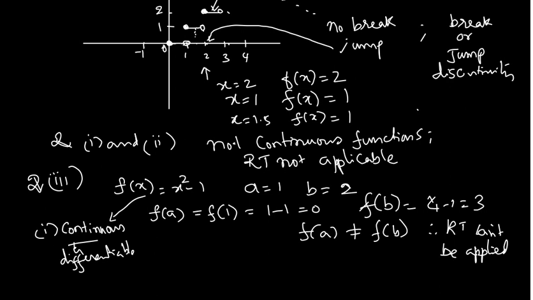F is to minus 5 is to 5. That means we are talking about two values between minus 5 and 5. That is one f of x. f of x is a differentiable function. f is differentiable.